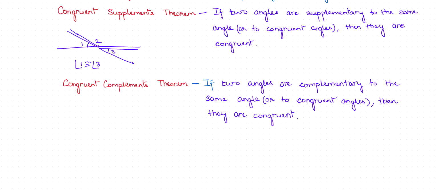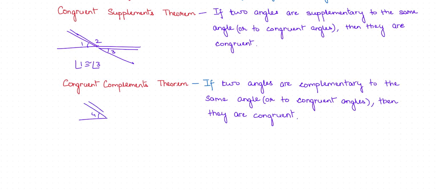So congruent complement theorem says that if two angles are complementary to the same angle or congruent angles, then they are congruent. Like suppose this is angle 4 and this is angle 5. Okay.